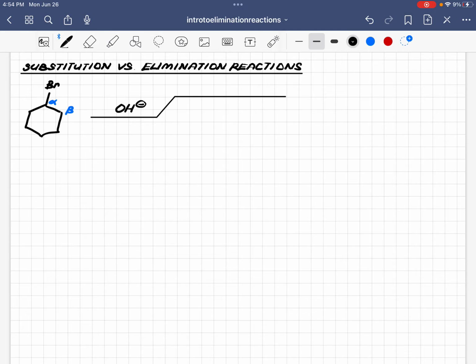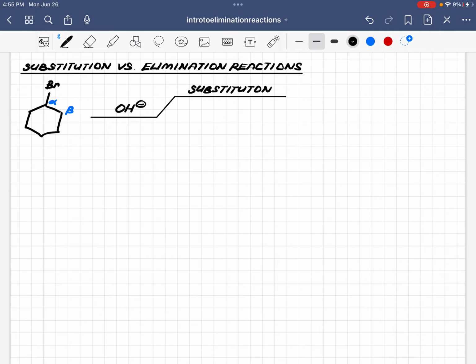If we were to look at this mechanism via a substitution reaction, what sort of product would we expect? Well, we would expect the hydroxide group to replace the leaving group, either via nucleophilic attack or via the formation of a carbocation.